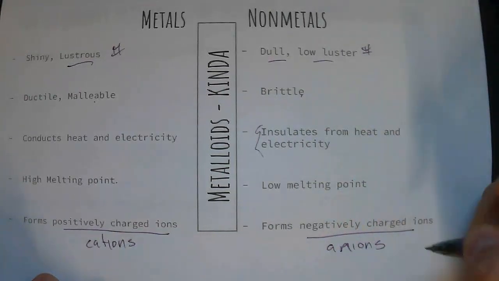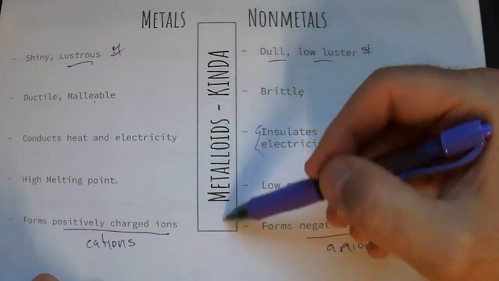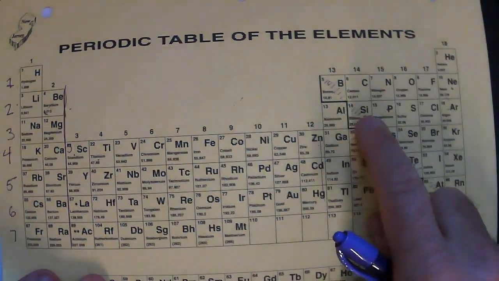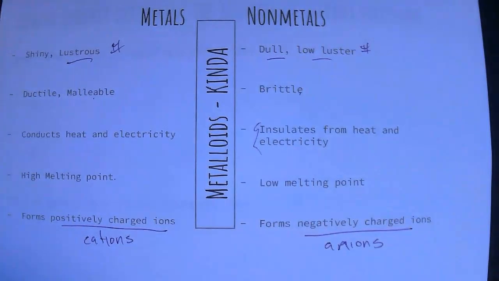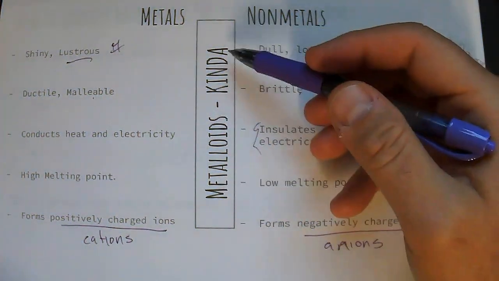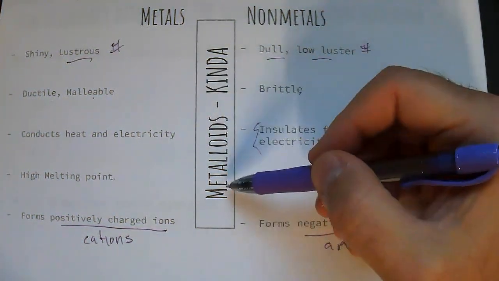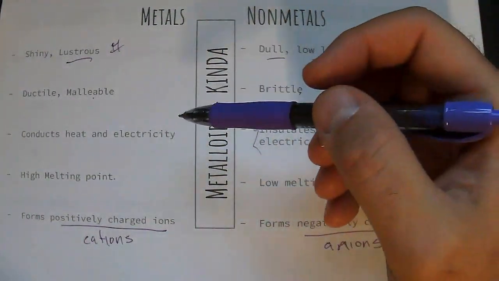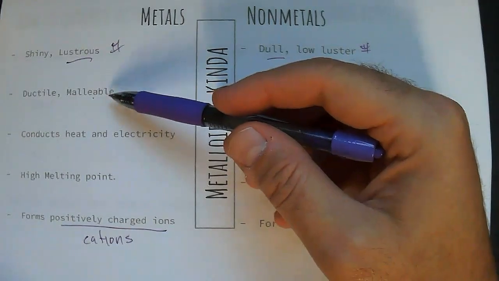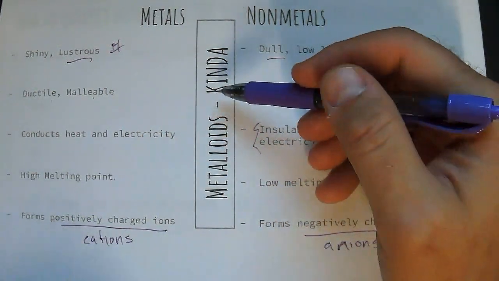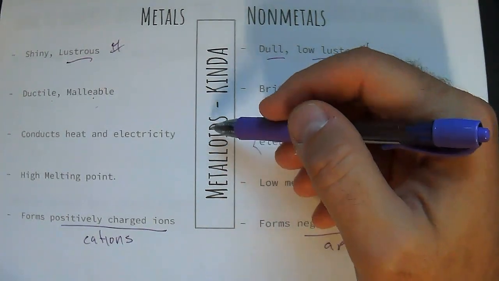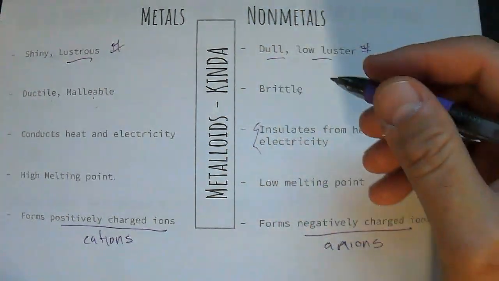Then metalloids, which are in between, and they are literally located in between here on the stair step, have properties that are kind of in the middle. Metalloids are kind of shiny. Sometimes they're kind of dull, though. They can be brittle, but they can also be drawn into wires sometimes. They're not very good at conducting heat and electricity, but they do it all right. Like silicon.